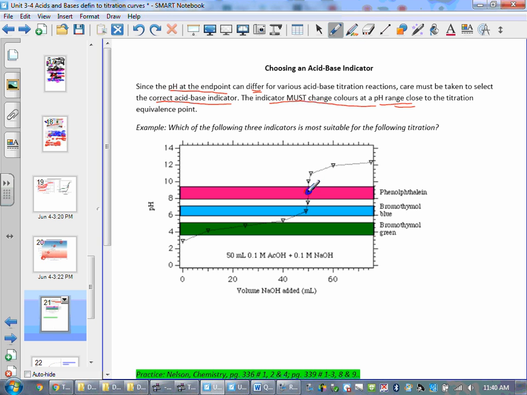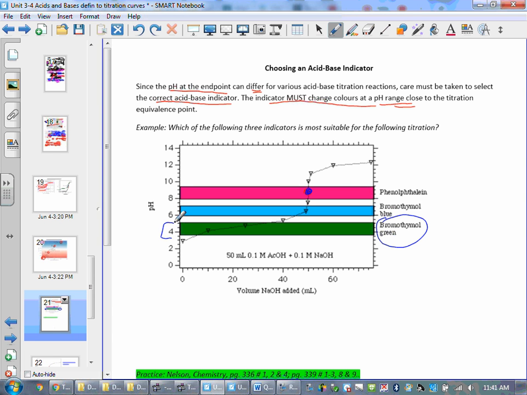So right here. If we used bromophenol green, it changes color in this pH range between 3.5 and 5.